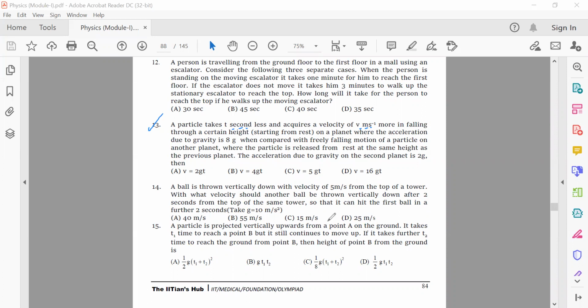Let's try to understand this. Yeah, so it's a bit of a tricky question language wise. So what is happening is that it is taking this much less time and acquiring this much more speed when falling through a certain height on a planet where the acceleration is 8g. Okay, so I'm switching to my whiteboard.